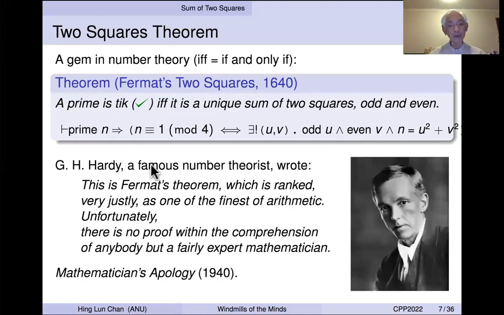G.H. Hardy, a famous number theorist, commented about this theorem. He says, this is Fermat's theorem, which is ranked very justly as one of the finest of arithmetic. Unfortunately, there is no proof within the comprehension of anybody but a very expert mathematician. He wrote that 3 centuries later.